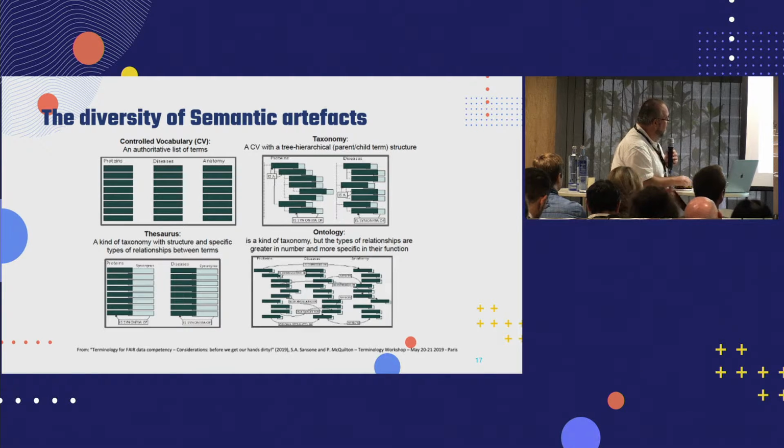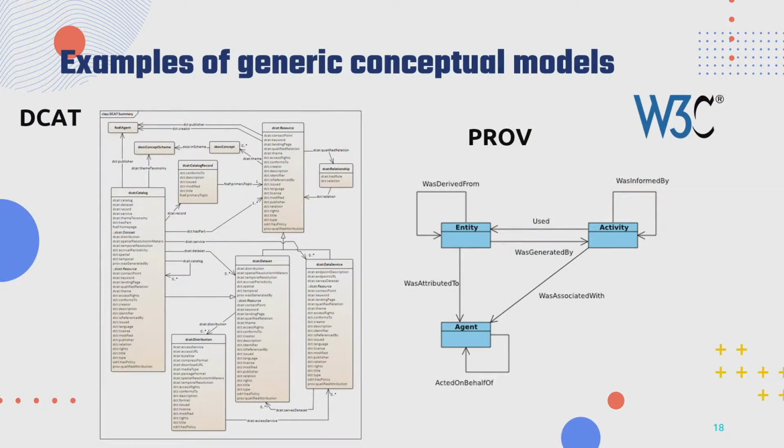And this is a slide that has been taken from a previous presentation from my colleagues from FAIR Sharing, whom Susanna is going to talk after. So here are some generic examples of conceptual models, very generic ones. You have DCAT, which is a conceptual model that describes digital collections of data sets.